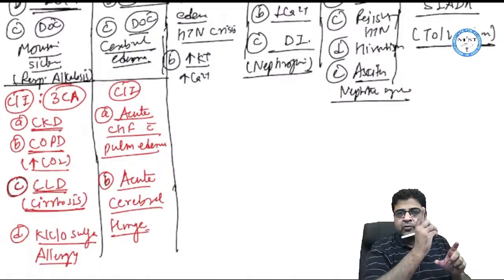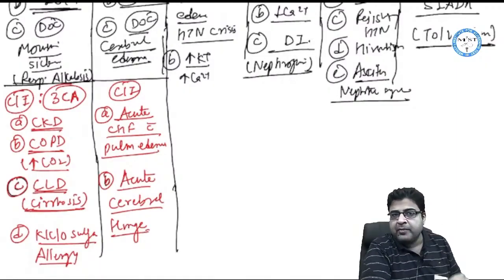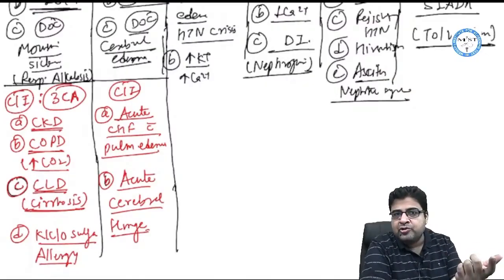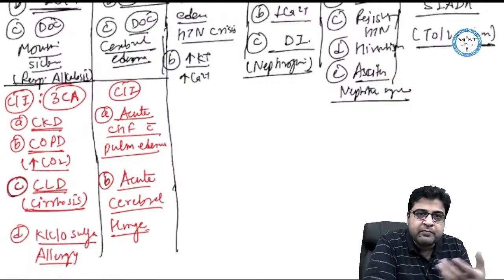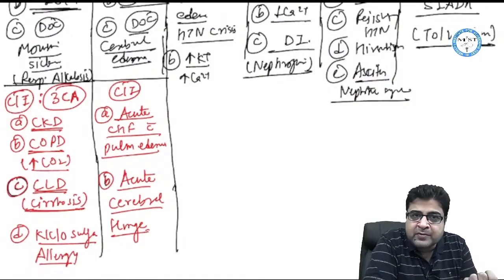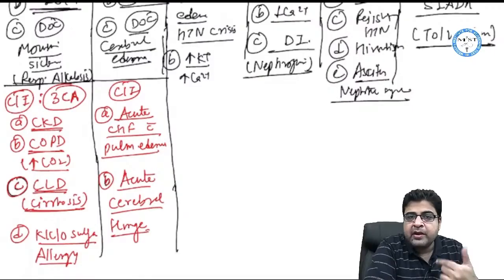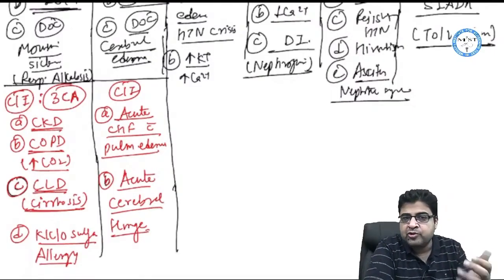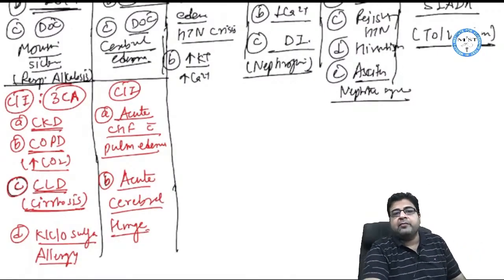After reaching the brain tissue, the medicine will produce the osmotic effect and pull the water from the plasma towards the brain tissue. So when the medicine is present in your brain tissue, it will produce its osmotic effect and make that edema in the brain tissue even worse than before, right? So the medicine is contraindicated in acute cerebral hemorrhage.